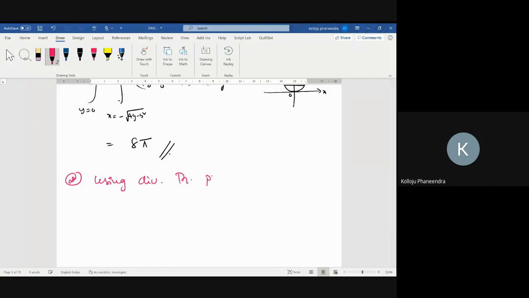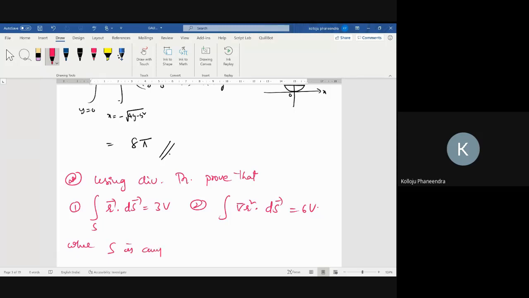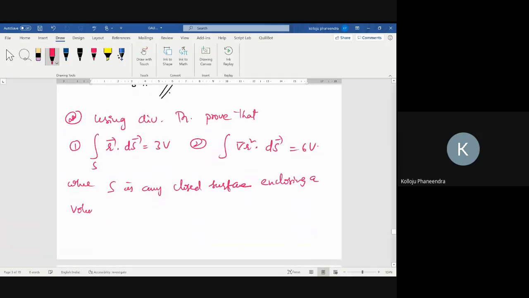Using divergence theorem, prove that the integral over S of r bar dot dS bar equals 3V, and del r square dot dS bar equals 6V, where S is any closed surface enclosing a volume V, and r square equals x square plus y square plus z square.